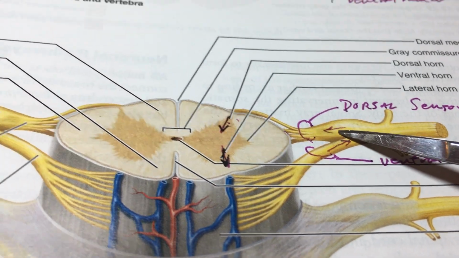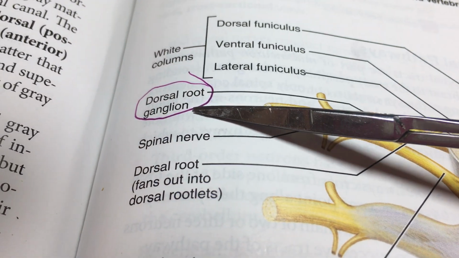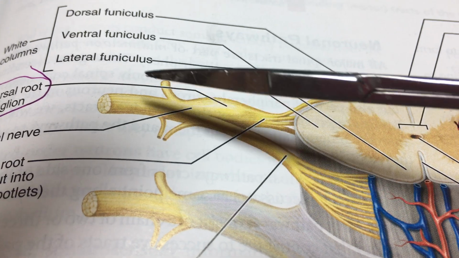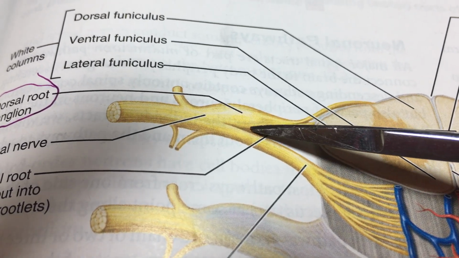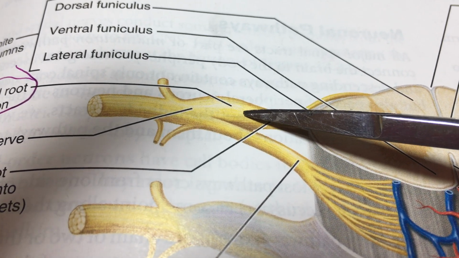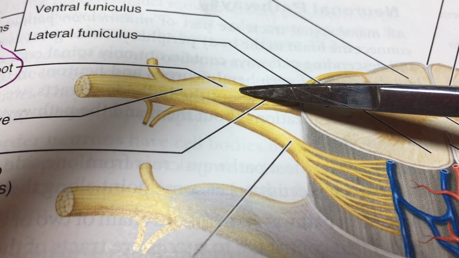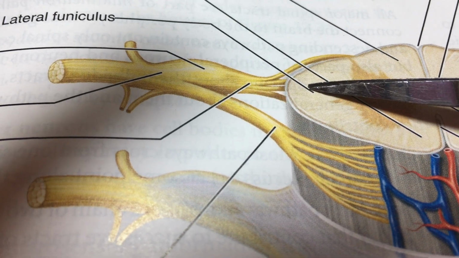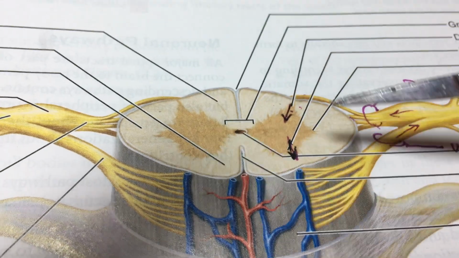Notice that we have a little bulge right there, and they define the bulge as a dorsal root ganglion. It's in the dorsal root. It's on the sensory side. It's a ganglion, which means it's a collection of cell bodies of sensory nerves. So we have the incoming this way, then the cell body, and then it goes inside into the dorsal root here.